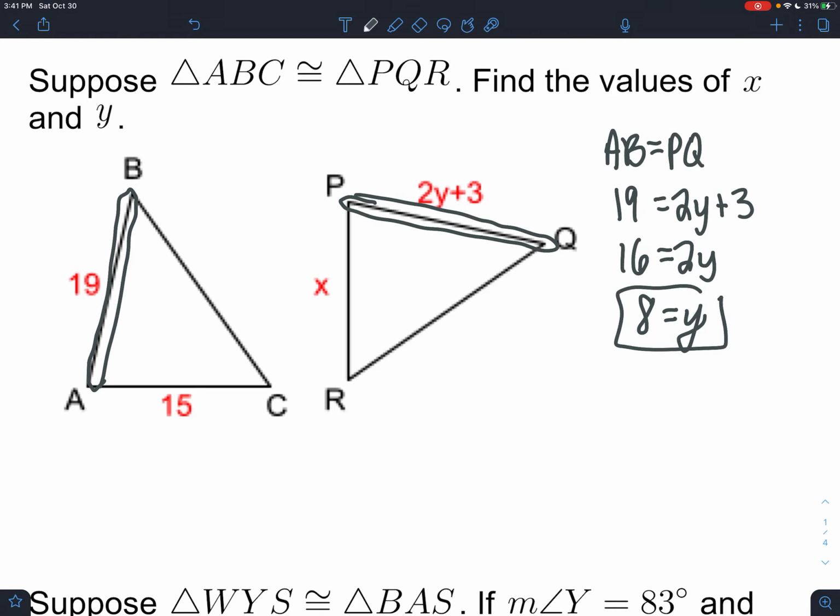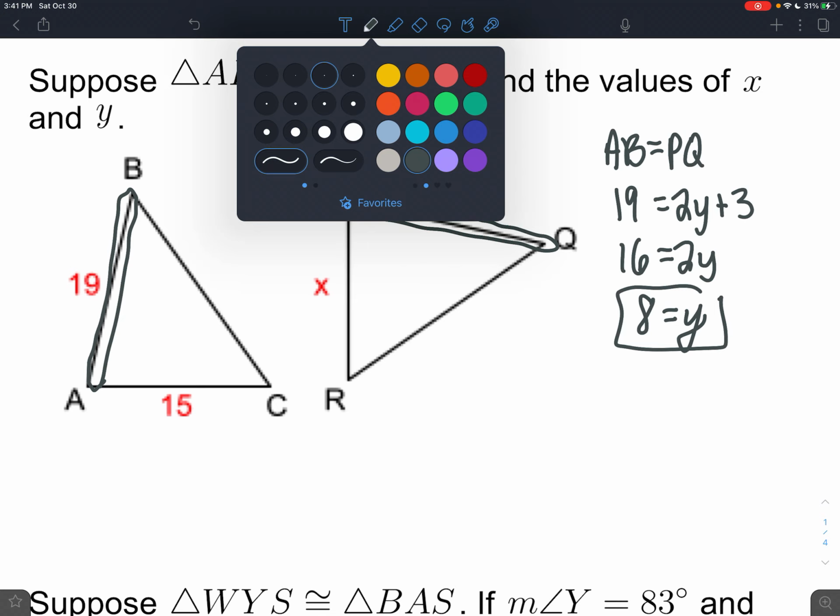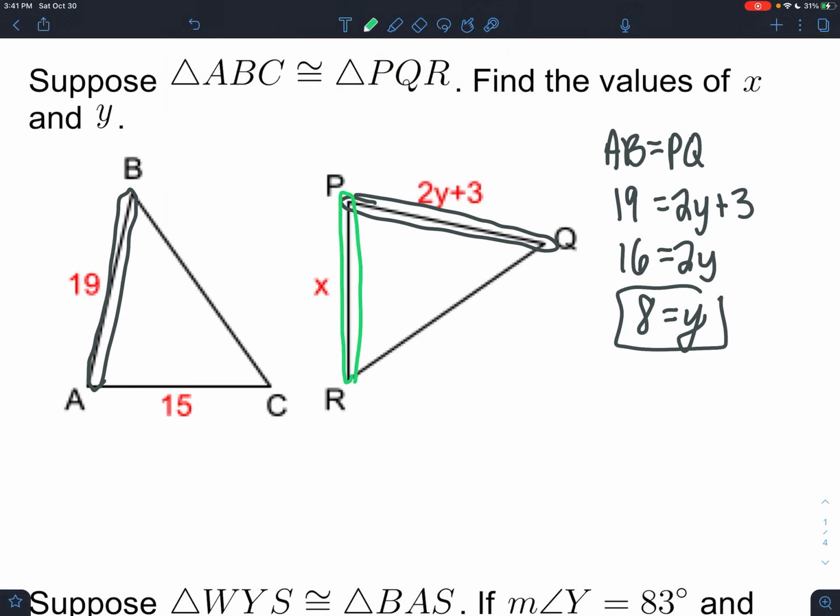What about this other length? We could call that PR, or we could call it RP. I'll call it RP. It is equal to, we hope it's this one, but we have to make sure. R and then P should be C and then A. Third and first, and they match up.